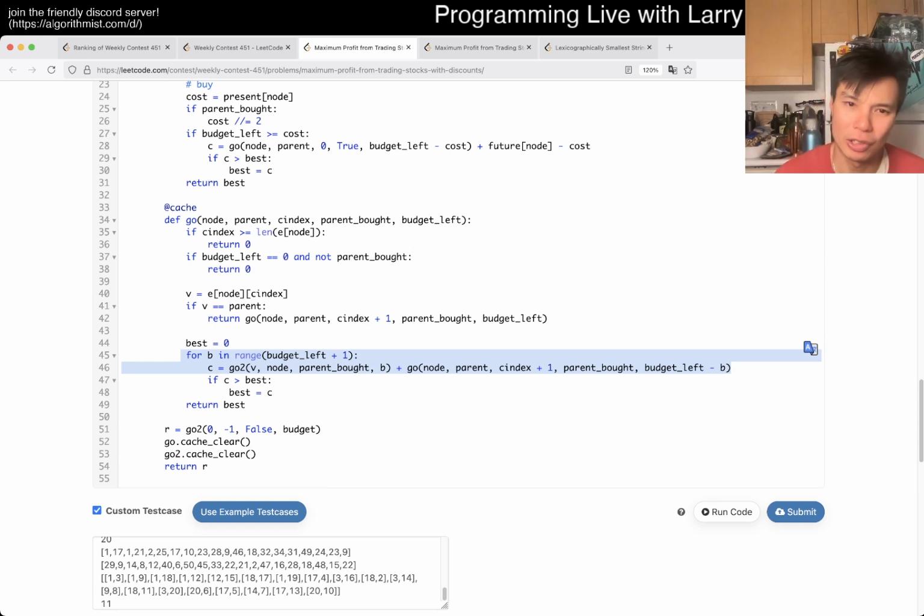Yes, by topological sort. No, but then you have to know whether its parent spent money, right? I mean, you can still do topological sort, but how are you going to do it?